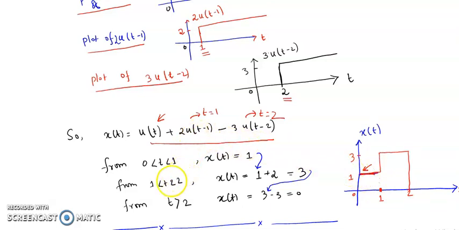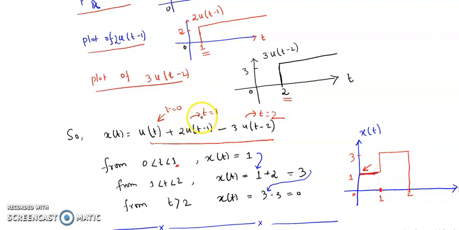Next we have to check the range from 1 to 2. Just now we have reached up to point 1. Now we go for 1 to 2. Then from 1 to 2 we know that the signal u(t) is defined from t is equal to 0, so after t is equal to 1 also this signal is existing. Its value will be 1, and at t is equal to 1 this signal starts again, so its value is also 1 at t is equal to 1.